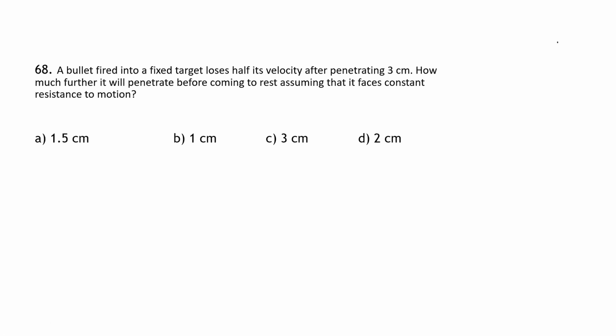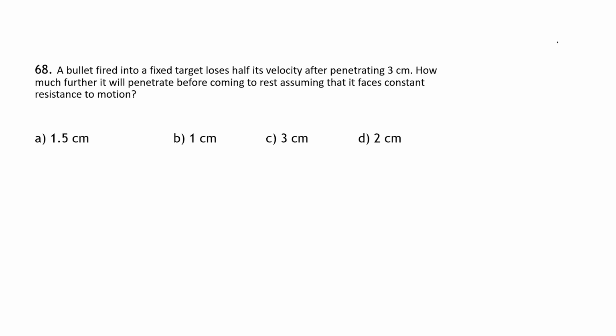A bullet fired into a fixed target loses half its velocity after penetrating 3 centimeter. So a bullet is fired from a gun. It is fixed to a target, but it loses half its velocity after penetrating 3 centimeter.